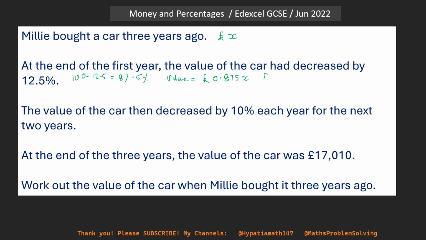So this is after 1 year. Then for 2 years, so after 2 years what happened? So 10% is 100 minus 10, that is 90%. So for 2 years the value would be decreased by 10%.